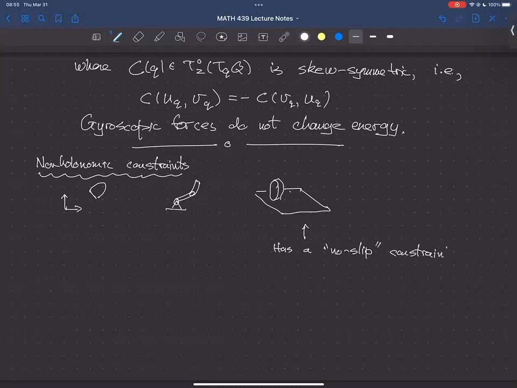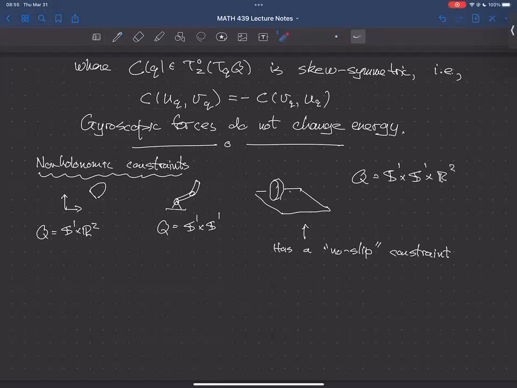Okay, and so we'll talk about exactly what that means, but let me tell you in words what it means. For this example, we decided that Q was S1 cross R2, and for this one, Q was S1 cross S1, and for this one, Q is S1 cross S1 cross R2.